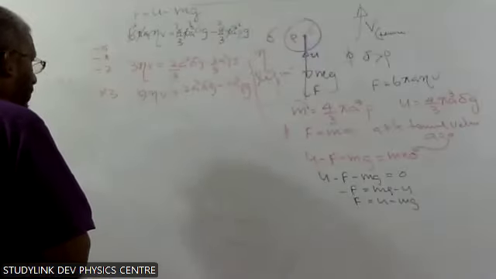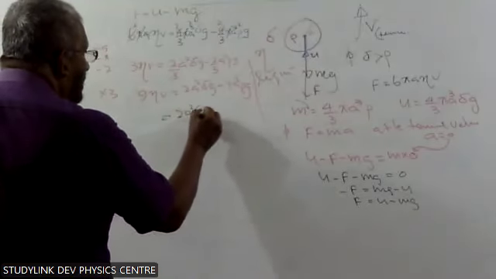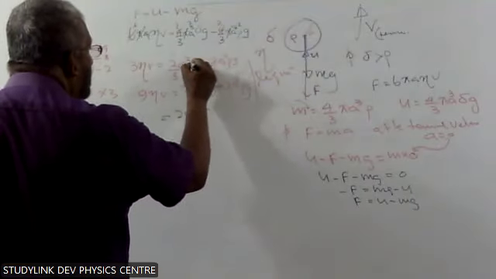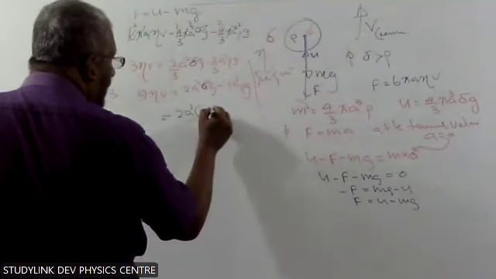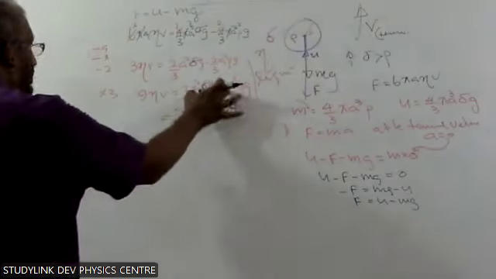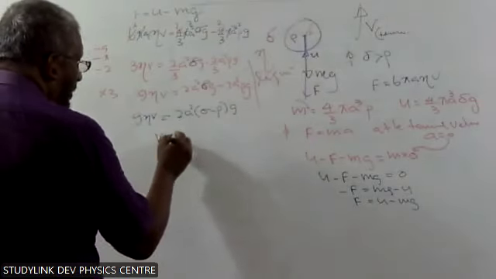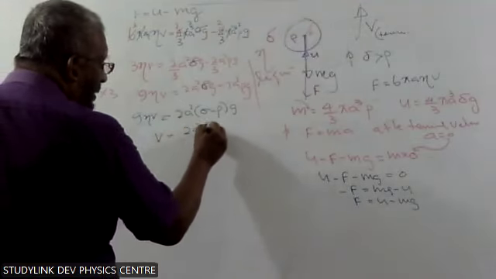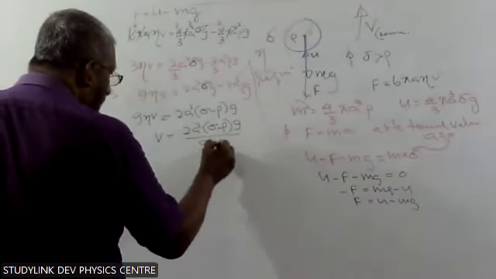Now it is equal to 2a squared into sigma minus rho g. 9 eta v, so v is equal to 2a squared sigma minus rho into g over 9 eta.